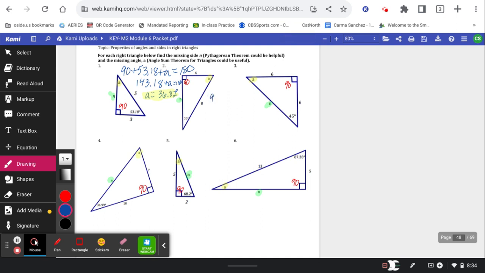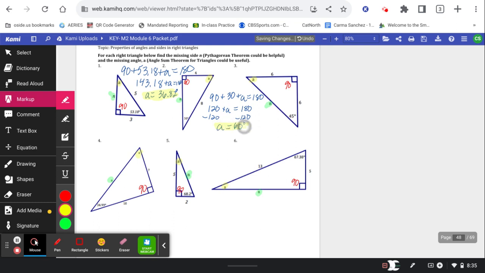Okay, for the next angle, did you get 90 plus 30 plus the unknown A? And 90 plus 30 is 120. Subtracting 120 from both sides, we just get that A is 60.